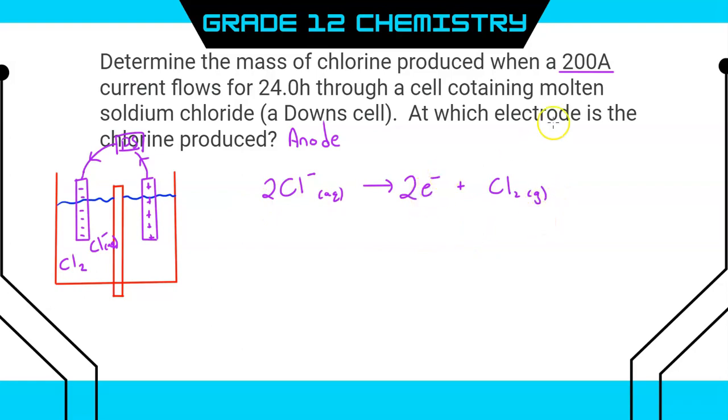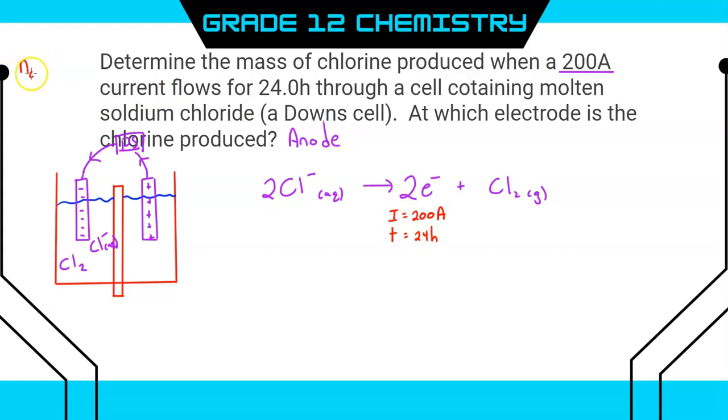Now for the electrons, that is moving with a current of 200 amps for a time of 24 hours. Now, to do some stoichiometry, we need to know the number of moles of electrons. And this is the equation that we've learned in this unit.